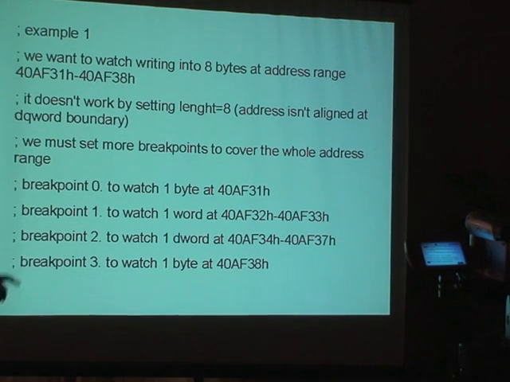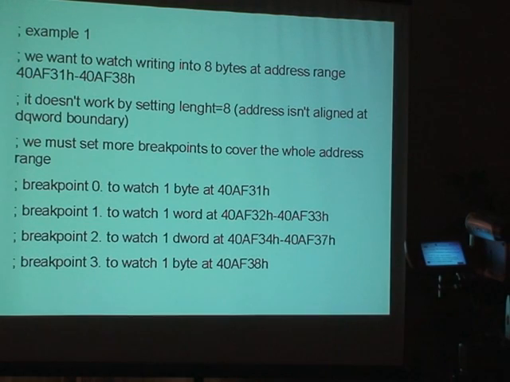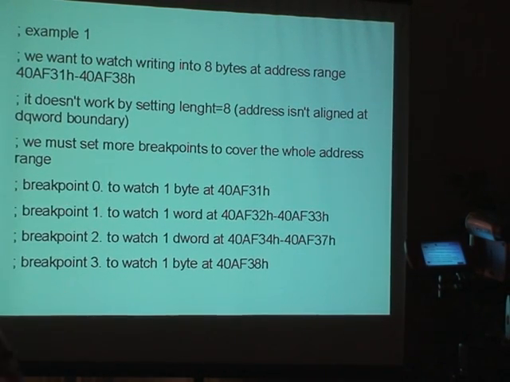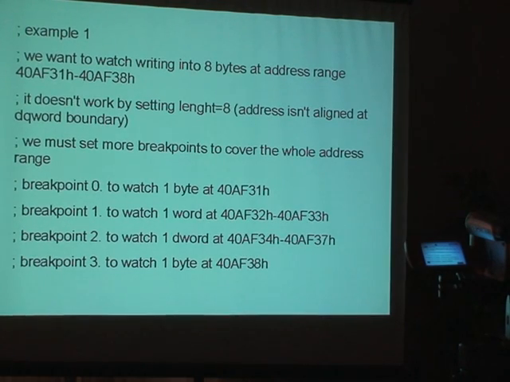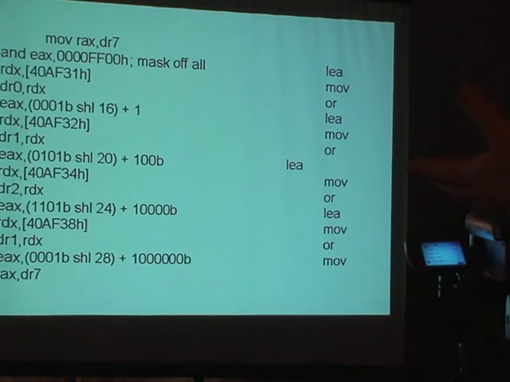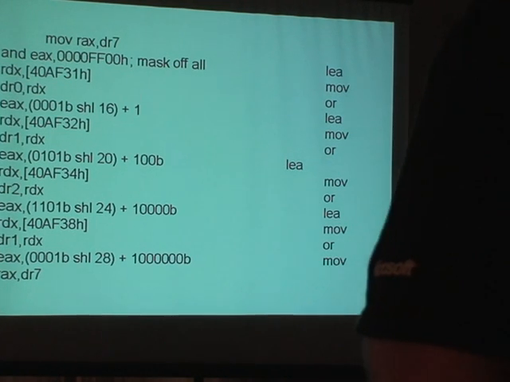It doesn't work because this address isn't quad word aligned. We have to split this range into 4 parts and set 4 breakpoints, every breakpoint aligned on its size. It is an automatization of the CPU.